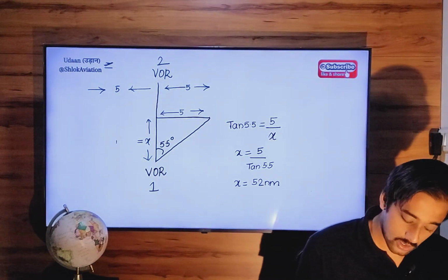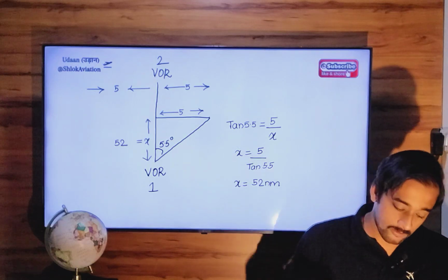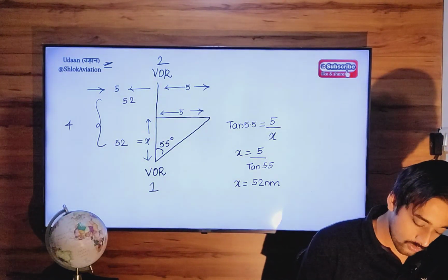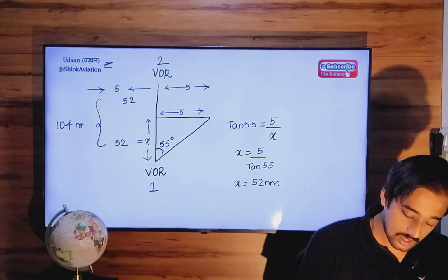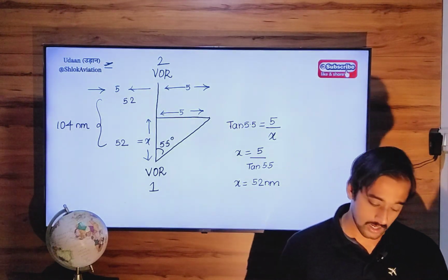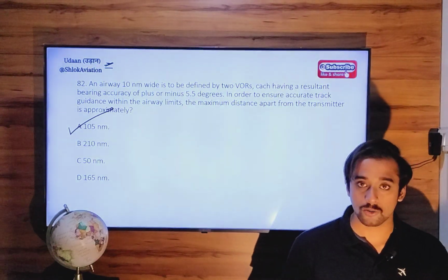So this is 52. If this is 52, this will also be equal to 52. So the total distance is 104 nautical miles. So the distance between the two transmitters is 104 nautical miles. So option A is the closest option.